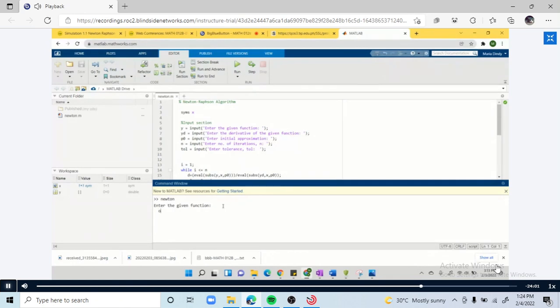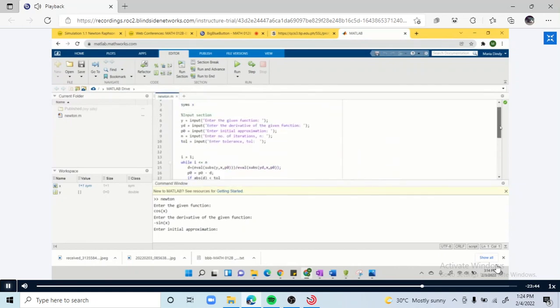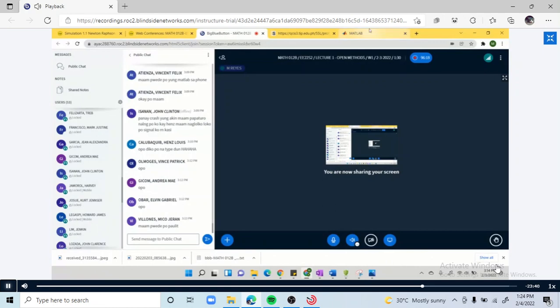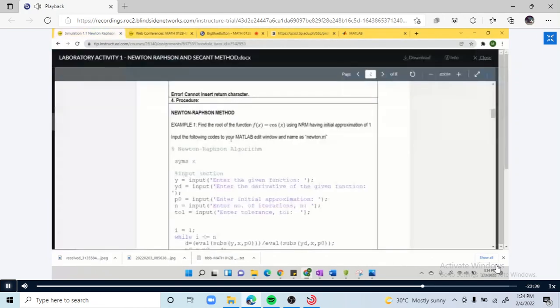Diba function mo, cosine x. Cosine x. Enter the derivative of the given function, negative sine of x. O, ganyan lang. Tingnan ko muna kung makukuha nyo ng tama yung codes. Ulit.